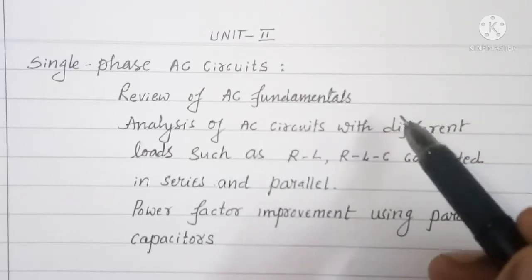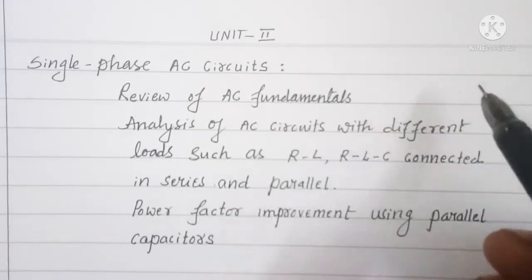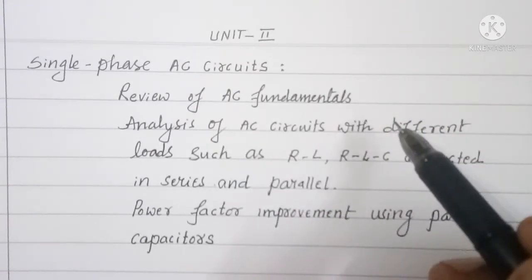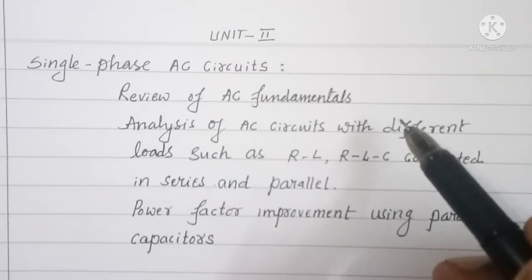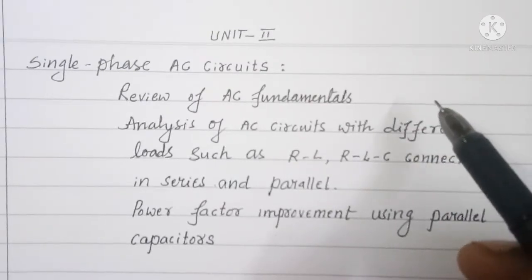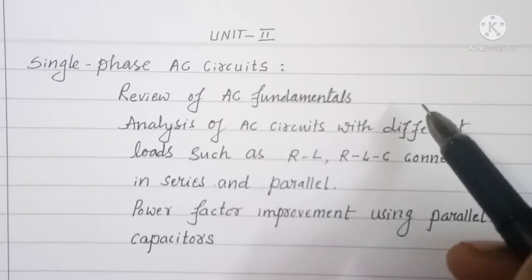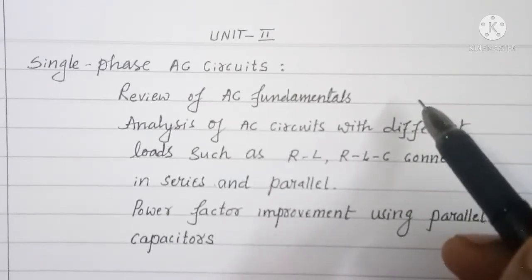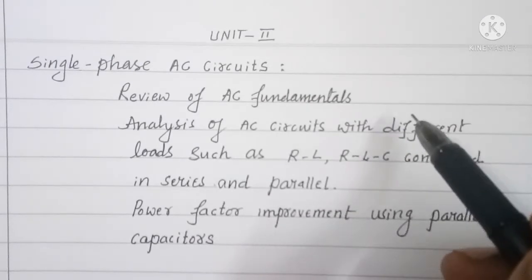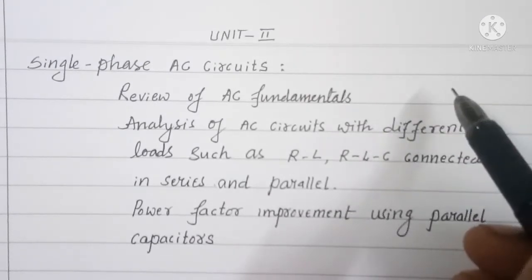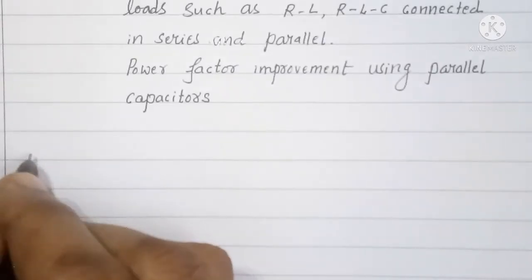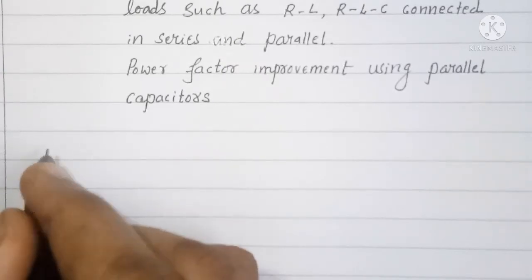Then RMS value, average value, form factor, phasor representation of RMS quantities, then phasor algebra, that is how to add two phasors or how to subtract one phasor from another phasor, and also how to multiply two phasors or how to divide a phasor by another phasor. So first we will start with review of AC fundamentals.